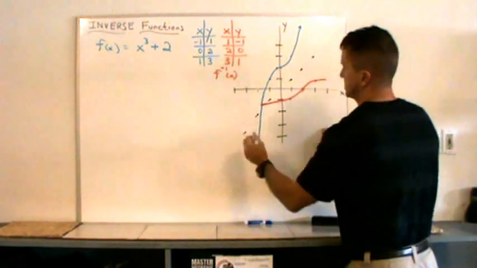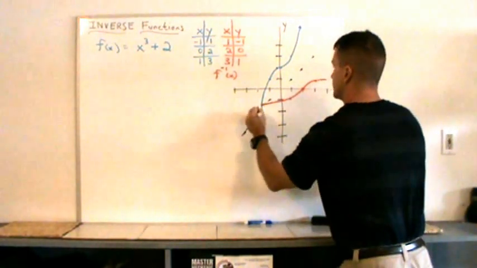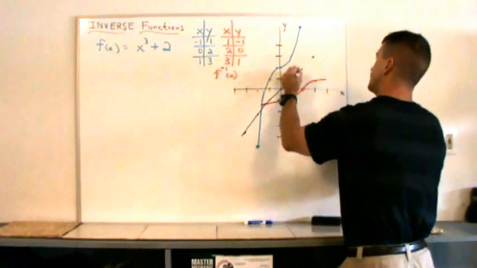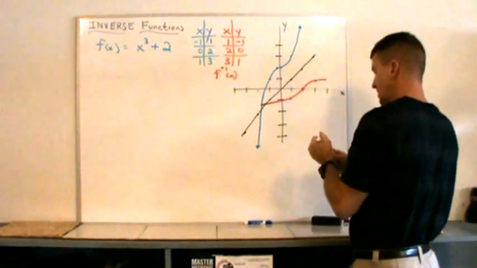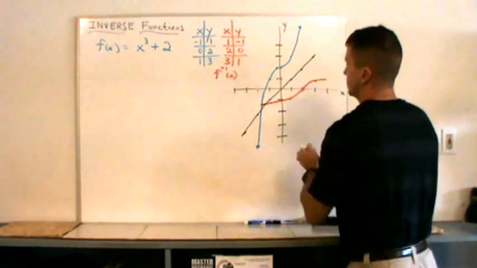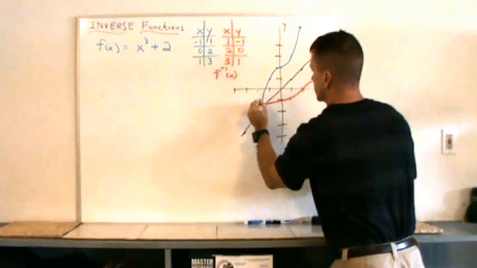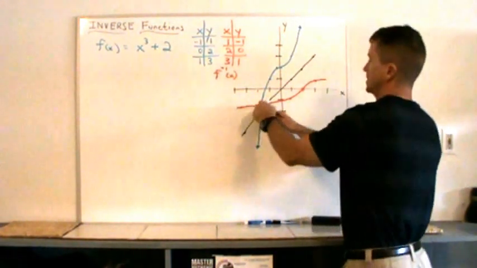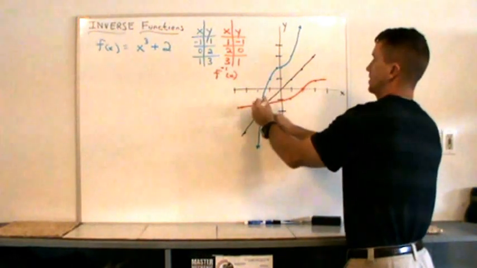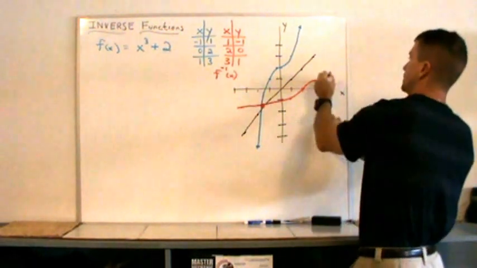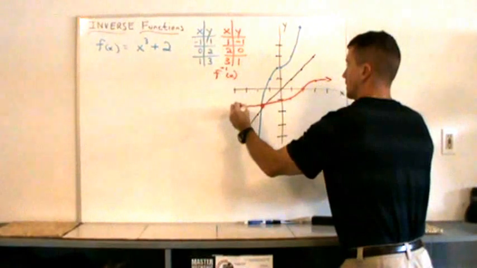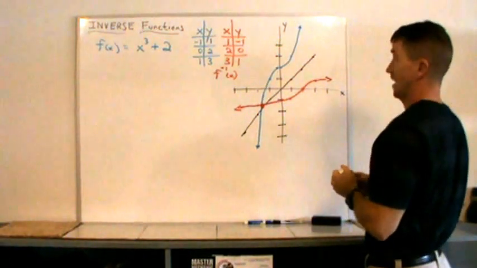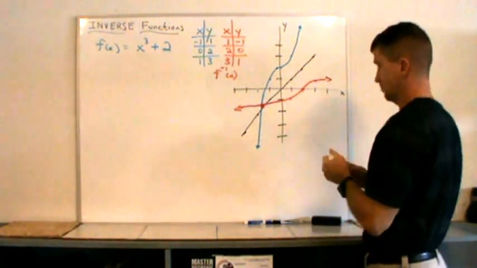Make this line solid, it might help you really to see it. This is y equal to x. But you can see the symmetry. So it cuts through there. These would actually touch the same location right there. And now sketch f inverse, right there. That red curve.